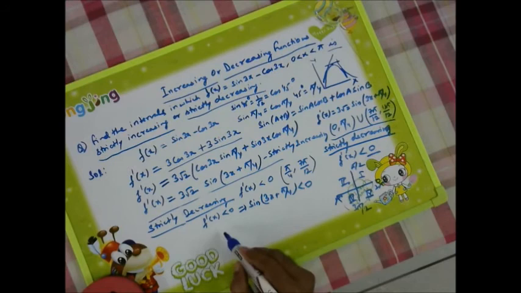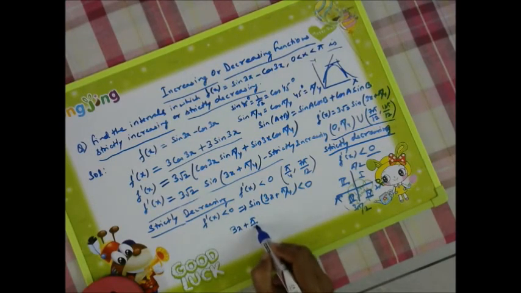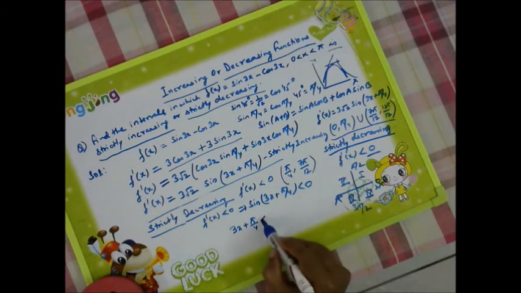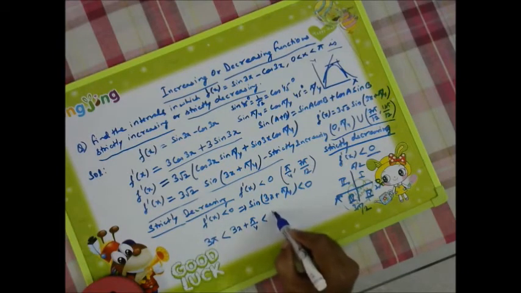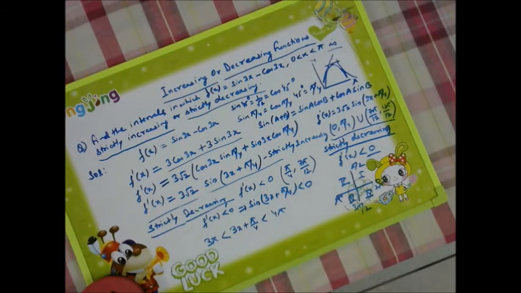It means this 3x plus pi by 4 will be less than 0 in the case of 3 pi to 4 pi also. So it will be continuing like this.